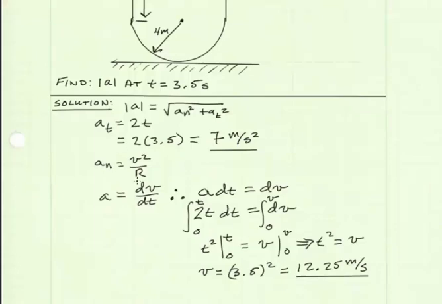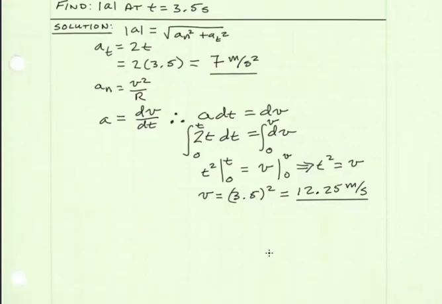Now, before we plug this into our normal acceleration equation, we've got to find out what our position is. So we need an equation for position. Well, if our velocity is equal to t squared, and we know that velocity is equal to ds/dt, therefore t squared dt is equal to ds, and we integrate both sides from time 0 to t and from a position 0 to s.